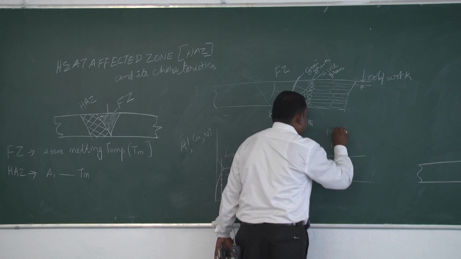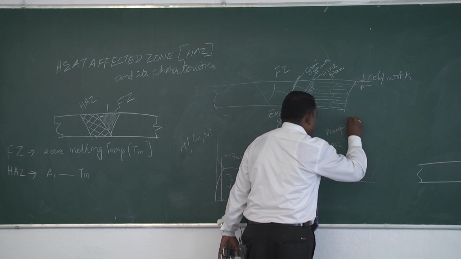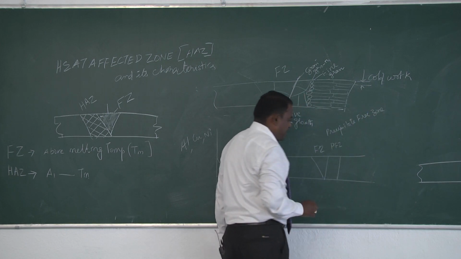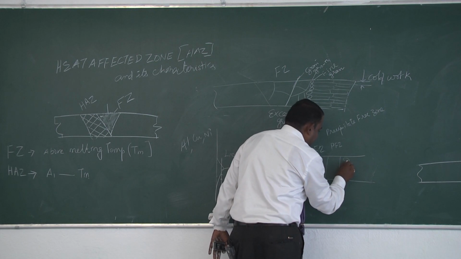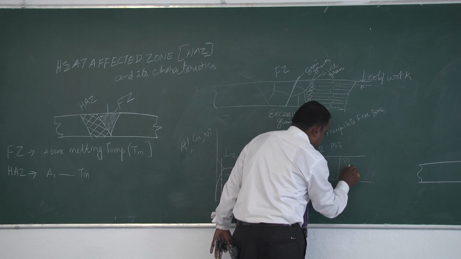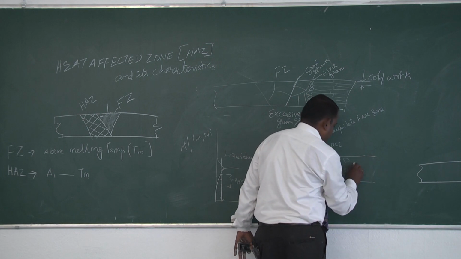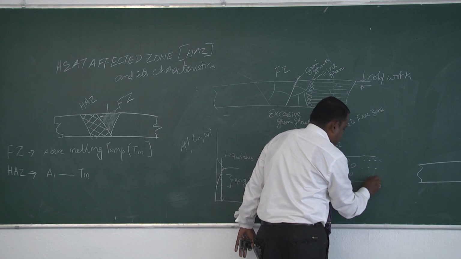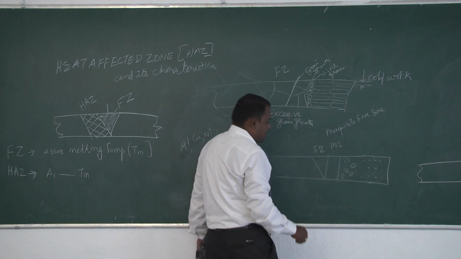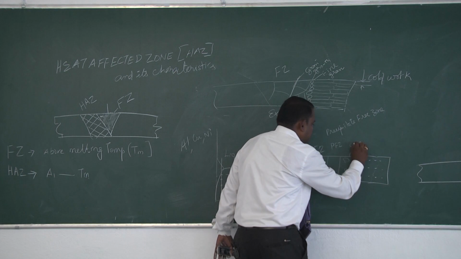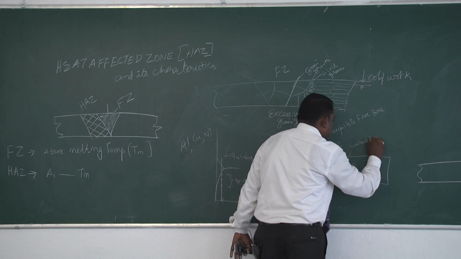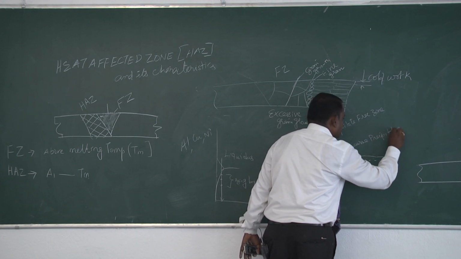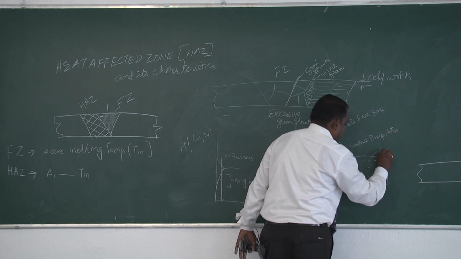There is no precipitate in this zone, and away from that you will have coarse precipitates within the matrix, and apart from that you will have very fine precipitates which are in your parent metal. So precipitate free zone, coarse precipitates and fine precipitates.